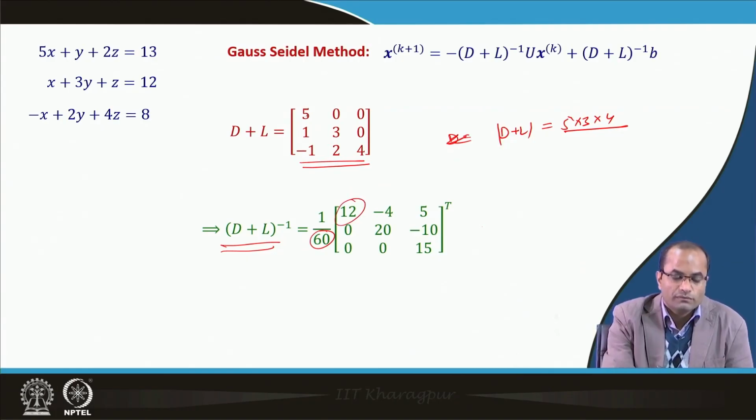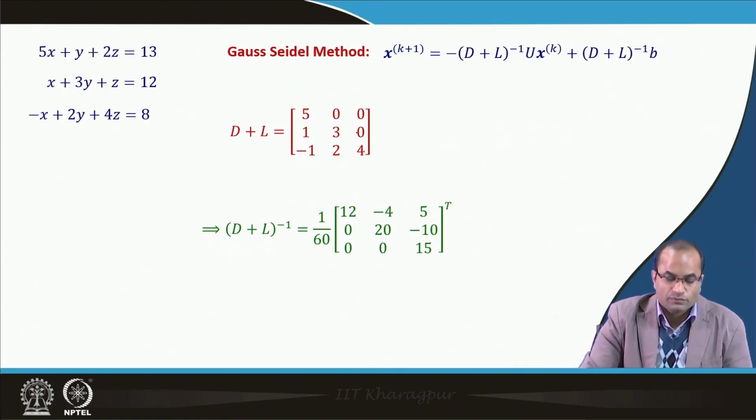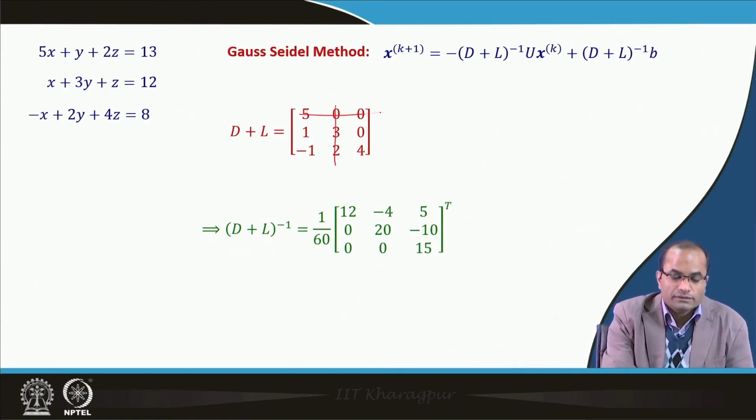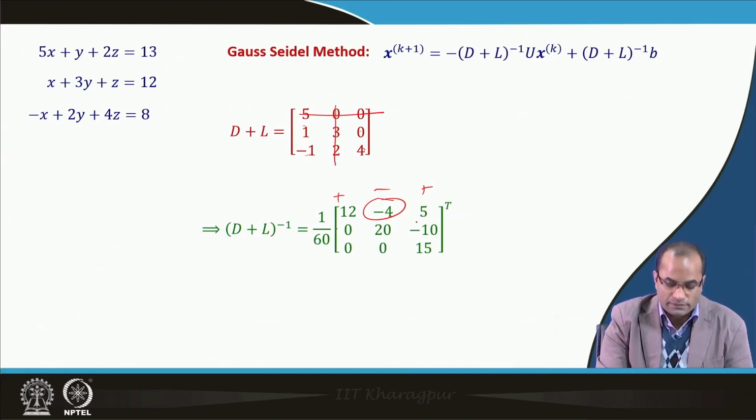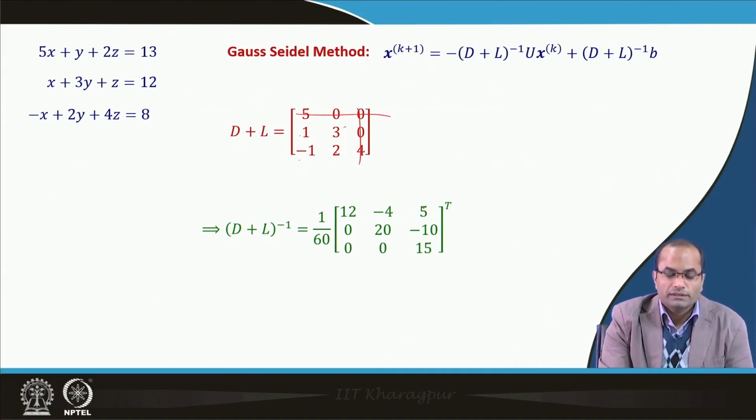For instance, this 12 is coming from this evaluation, 4 into 3 and minus 2 into 0, that is the 12, and then for instance, this one here will be coming as 4 minus 1 into 0, and then the negative sign, because we have to consider plus minus and so on.